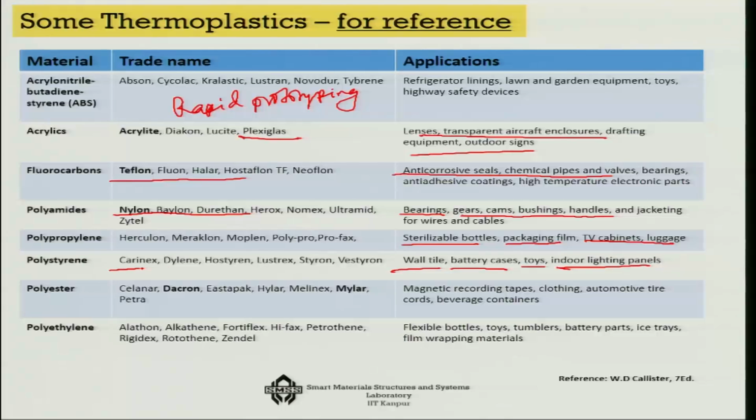Typical examples are like Carinax, Dylene, etc. Polyester, like the fibers Dacron and Mylar, are used in recording tapes, clothing, automotive tire cords, beverage containers. And polyethylene is used in flexible bottles, toys, battery parts, tumblers, all sorts of very general purpose applications.